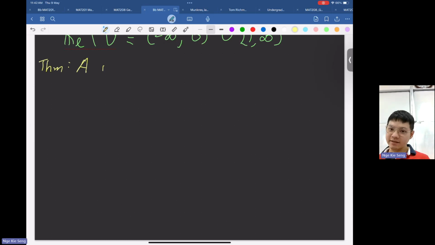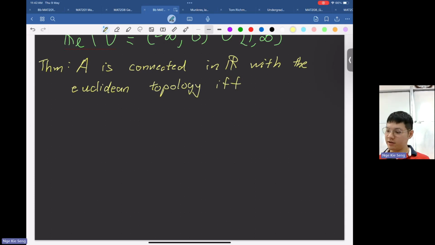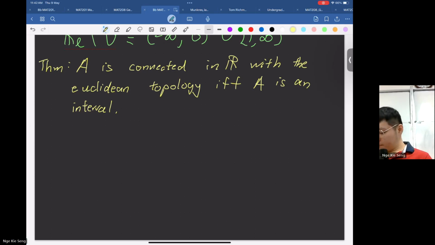A is connected in R with the Euclidean topology if and only if A is an interval. Okay, so interval here is quite wide. The interval here would mean something finite; closed, open, anything, we all include.